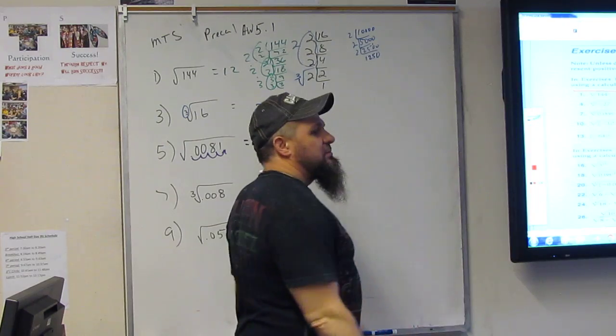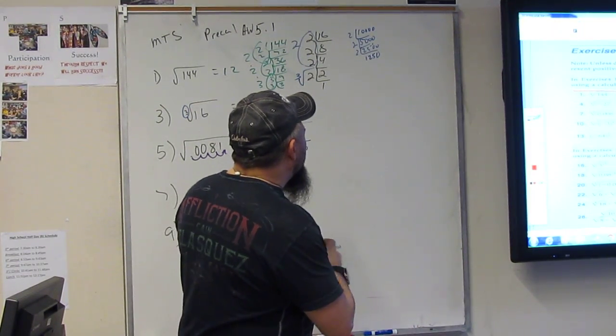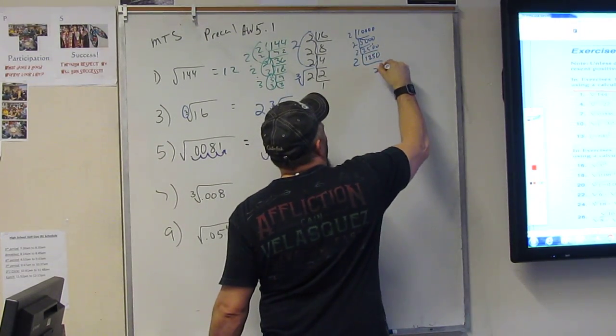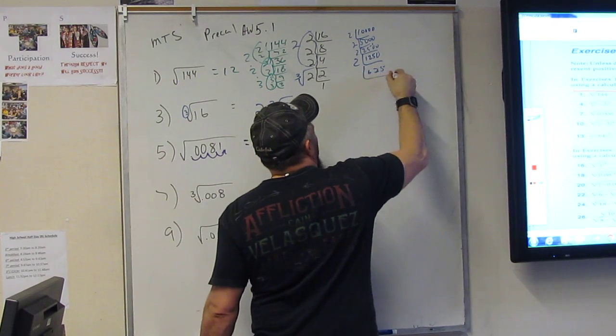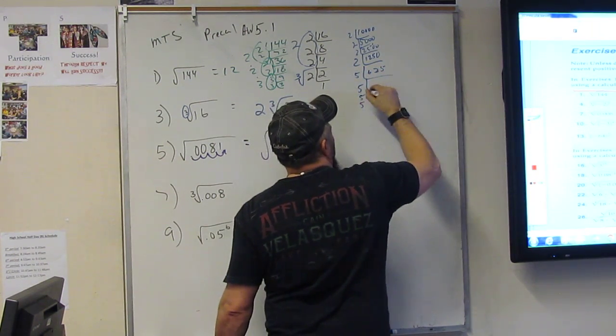Are we going to end up with 2 more 2s? No, 1 more 2, I think, because this would be 25. Yeah, 625. So 625, and that's going to be 5, 5, 5, and 5.